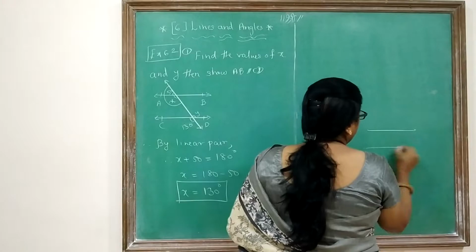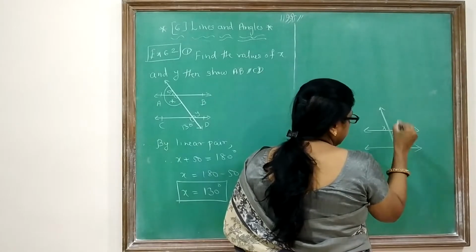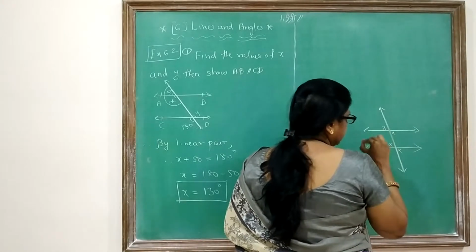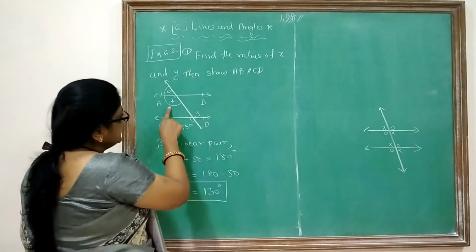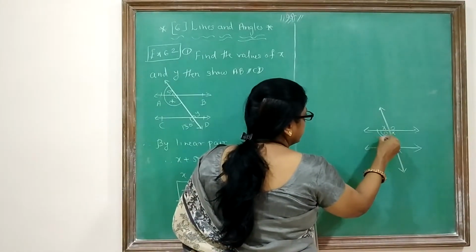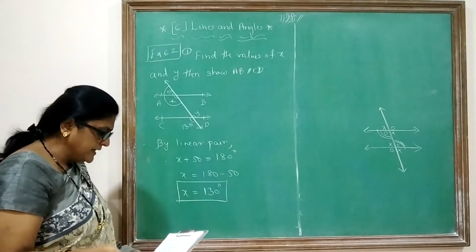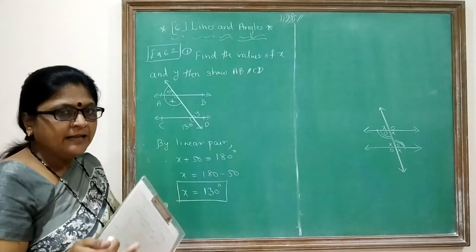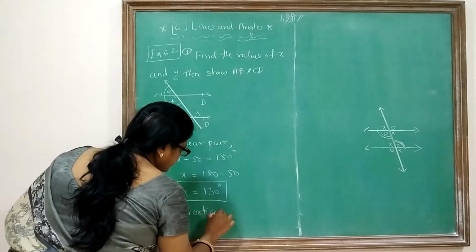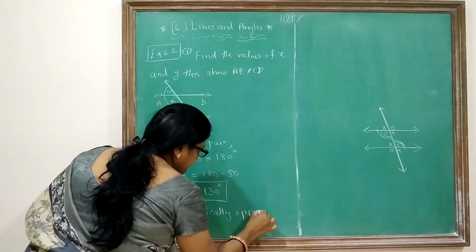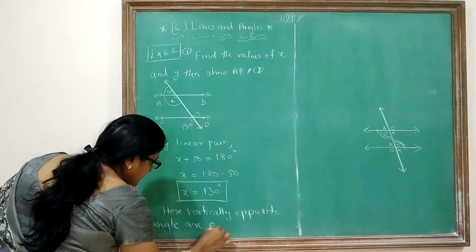We know that you will draw a rough diagram. This angle and this angle are the same, also this angle and this angle are the same. Comparing x and y in this figure, they are alternate angles, and you will write that vertically opposite angles are equal.